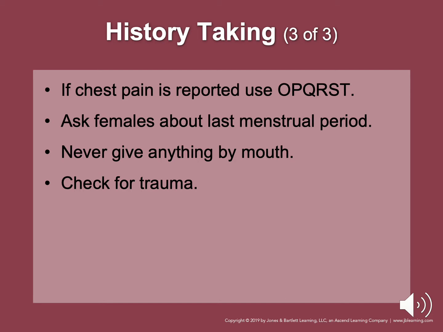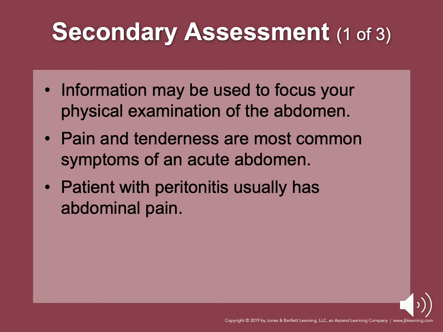Guarding can be seen with major problems such as a perforated peptic ulcer or pancreatitis. Patients with peritonitis usually have abdominal pain even when lying quietly. So the degree of pain and tenderness is usually related directly to the severity of the peritoneal inflammation.